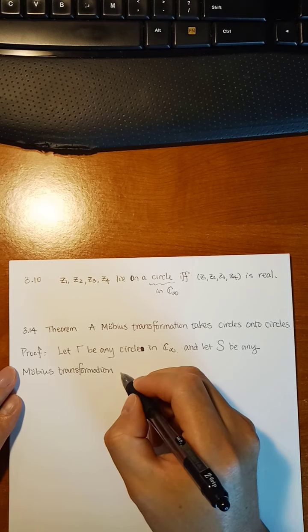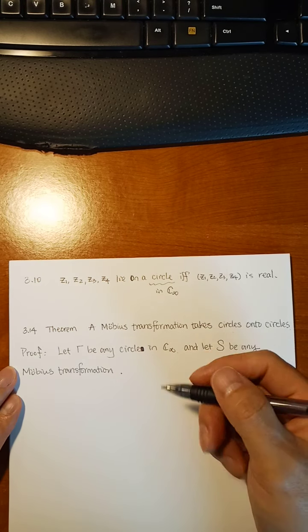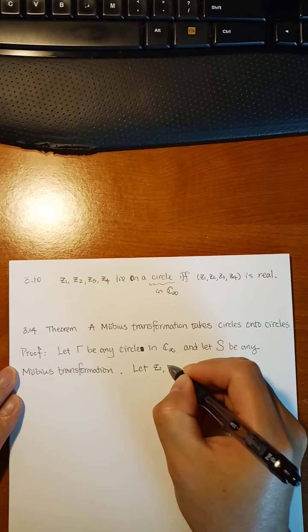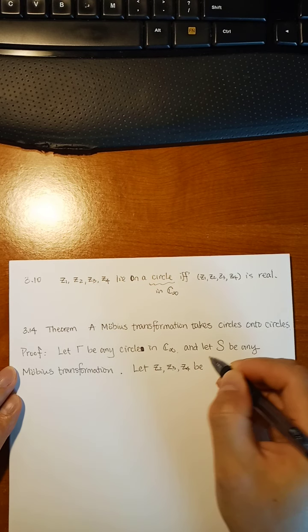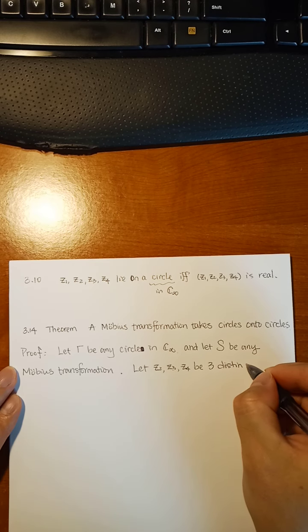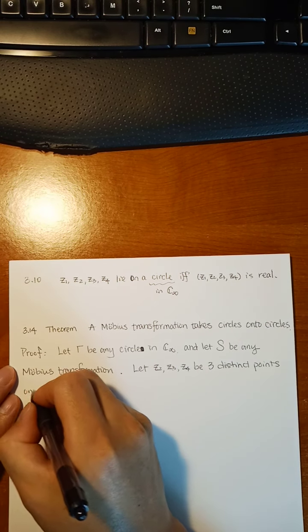All right. You have a circle, then you can select 3 distinct points on the circle. So let z2, z3, z4 be 3 distinct points on gamma.